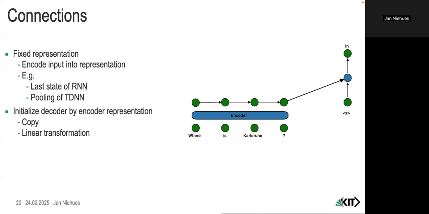But if your decoder should just be an RNN. Otherwise you're right, we're coming to that on the next slide. Yes? It's the same case as with the CNN, we can do pooling over all of the hidden states. Yes, exactly. So we would have to do a pooling over all of the hidden states.